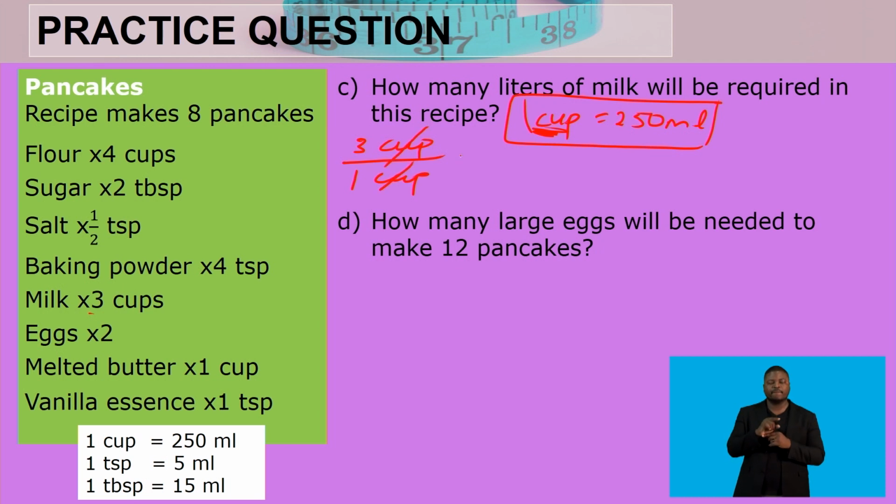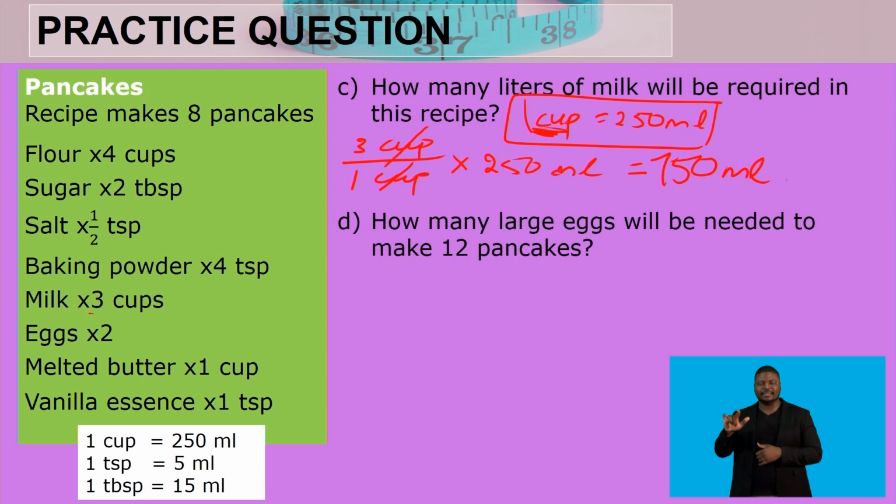Cup and cup will give you 1. Then you multiply by 250 milliliters. So what is 3 divided by 1? It's 3. Multiplied by 250. 3 times 250 gives you 750. Are we getting the same thing? Yes. So it becomes 750 milliliters of milk that is required in this recipe.